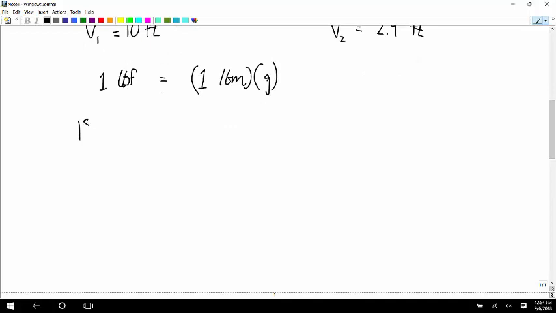So going back to the first law of thermodynamics, let me give a summary. The first law of thermodynamics is the one that's conservation of energy.